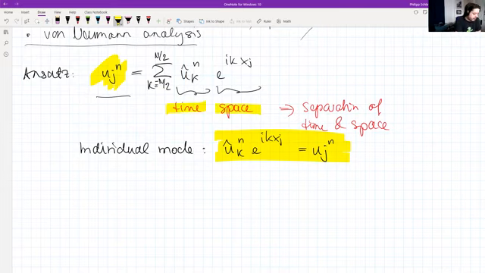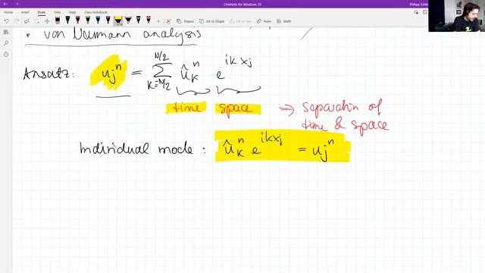Time is represented by the complex Fourier coefficient u hat k^n. I'm typically using the notation that a hat on top of a letter means that it's a Fourier transform quantity. k indicates the wave number that is associated to that Fourier mode, and of course the n is the temporal dependence. And then we have the spatial dependence, which is e to the i k x_j, and these are the Fourier modes, so sines and cosines, or as written here in terms of the complex exponential.